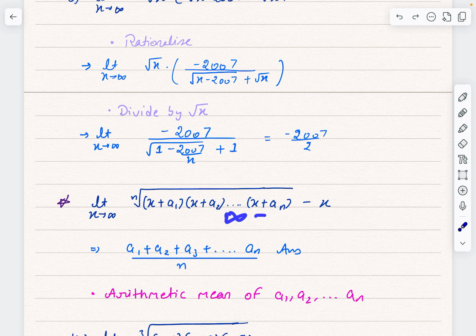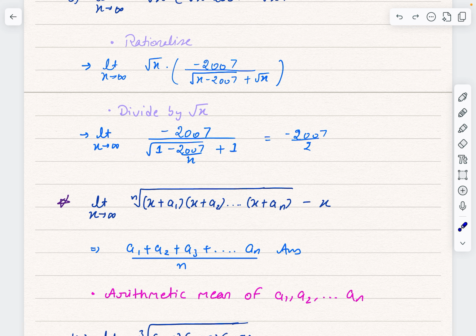You see this is infinity minus infinity form. The answer for this problem will directly be the arithmetic mean of all these numbers, a1, a2, a3 up to an. If you take the arithmetic mean of all of them, that will be your final answer.